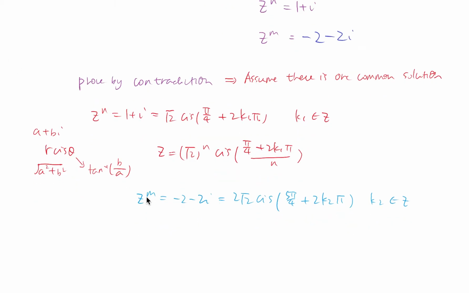Now we raise both sides to the power of 1 on m, so we can cancel this m out. So we have z equals 2 root 2 to the power of 1 on m. Sorry, that should be 1 on m here, and this one here should be 1 on n.